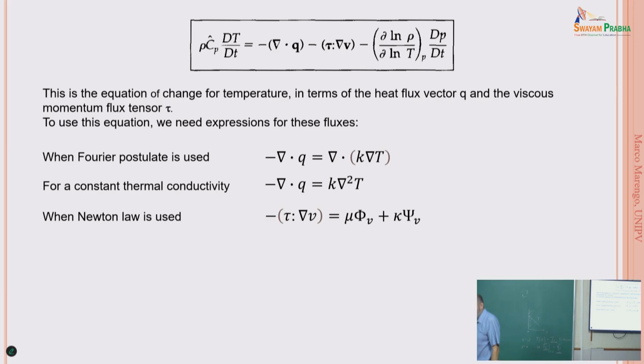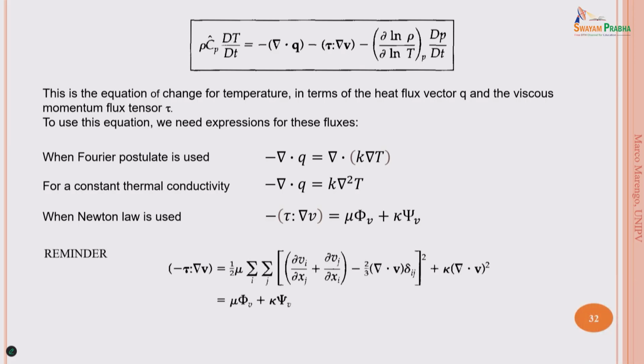And when the Newton law is used, we can express this term in two forms, because we have the part that is linked to the dilatational viscosity and the part that is linked to the dynamic viscosity. If we put everything together, we can collect the viscosity on the left and the dilatational viscosity on the term on the right.